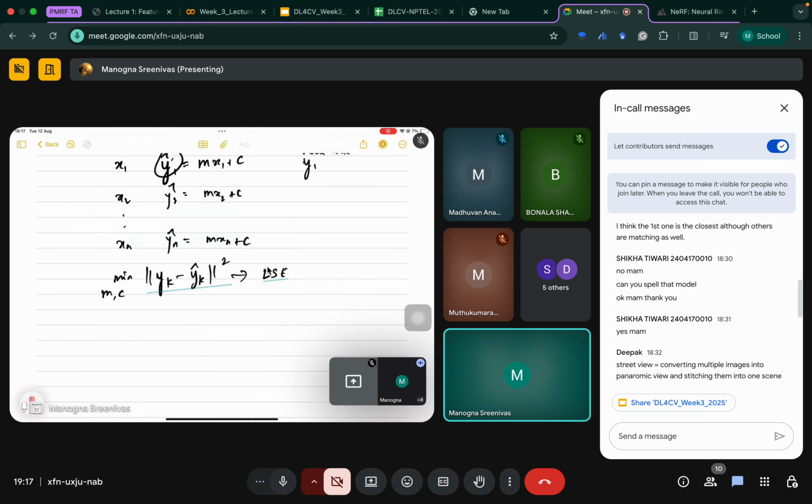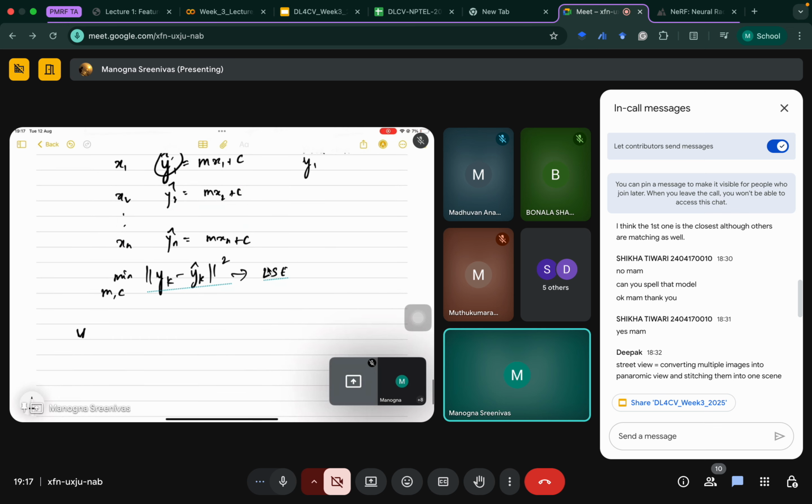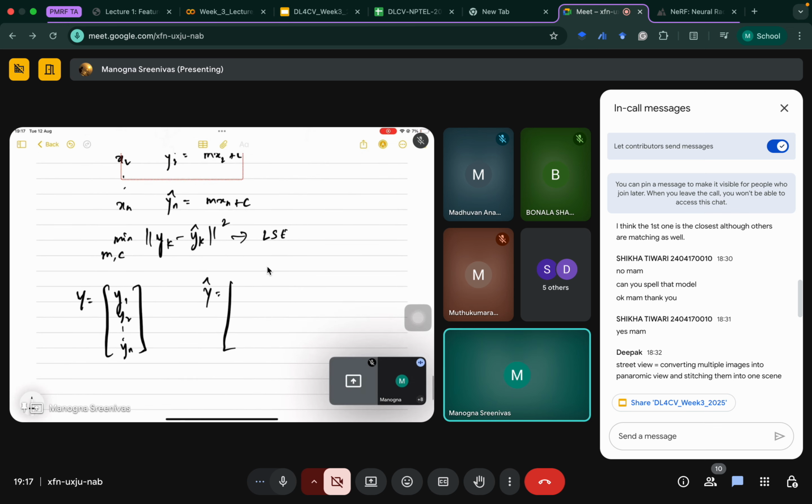So if I have to put them in a vector form, I take y, which will be all my true data points y1 to yn, and all my estimates would be of the form mx1 plus c, mx2 plus c, and so on, right?